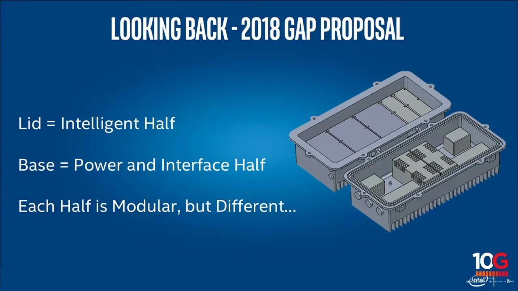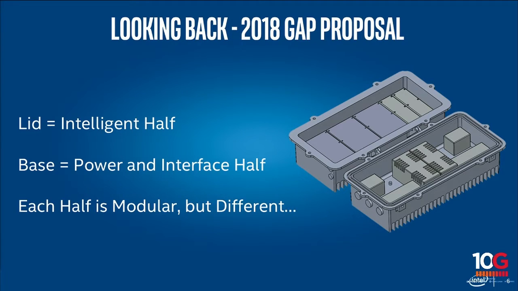Taking a look back at last year, what we had then was essentially a GAP proposal, because at that point in time, that's as far as GAP had progressed. It was a concept, to a point where we could put forth a proposal for how you would implement this standardized modular node.